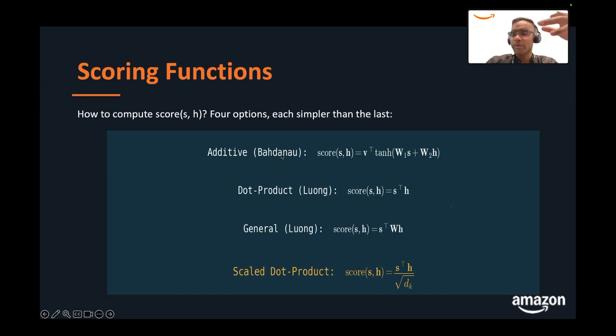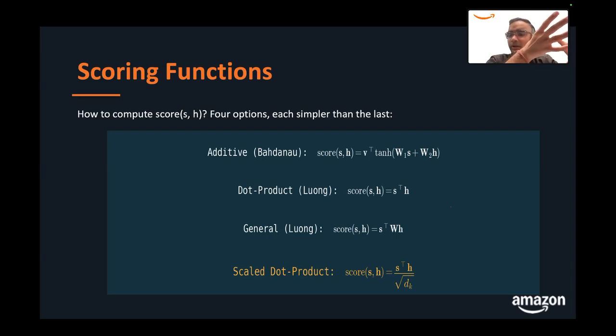Another thing we can do is simply take the dot product between these two vectors S and H, trusting them so that we don't need any other parameters. We can trust these vectors and their positions in their vector space to get the cosine similarity between them and comment on how relevant these two things can be.